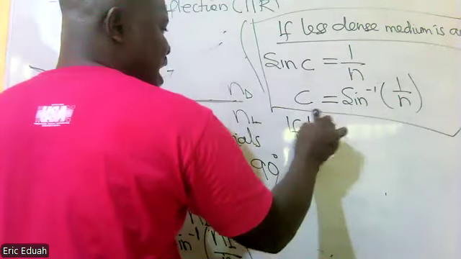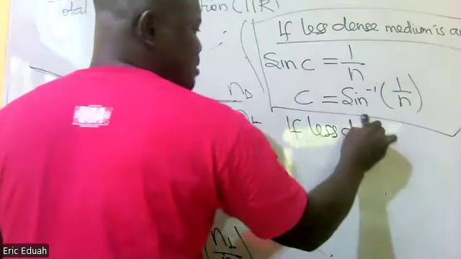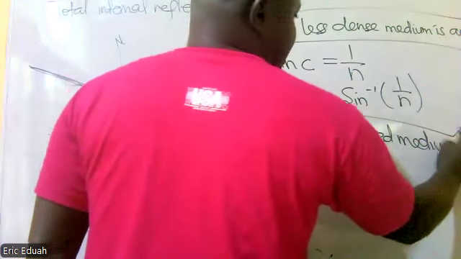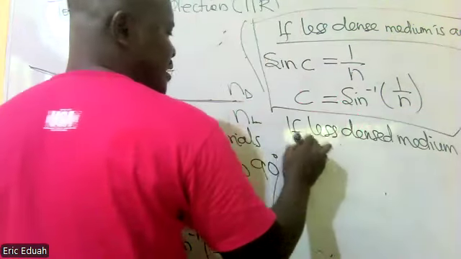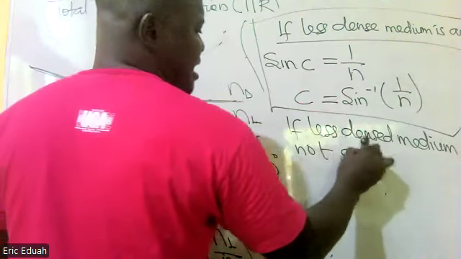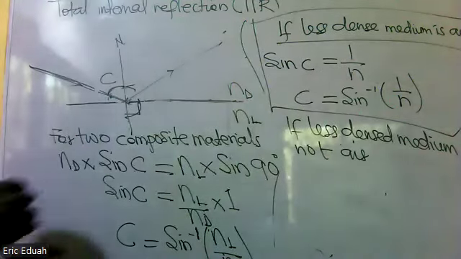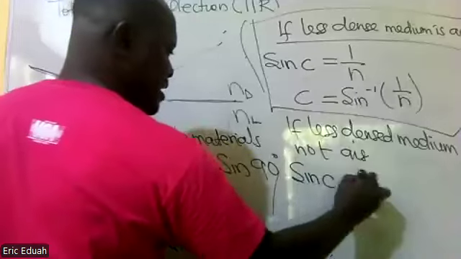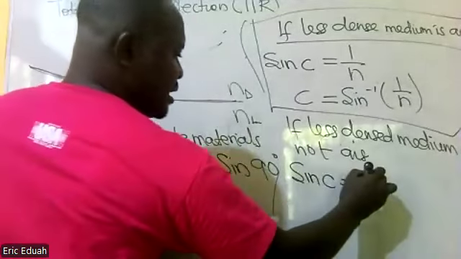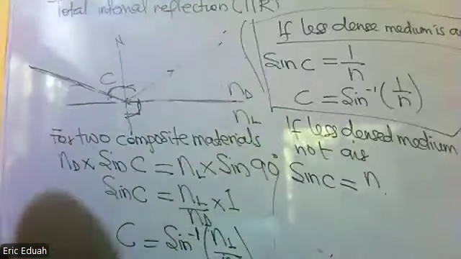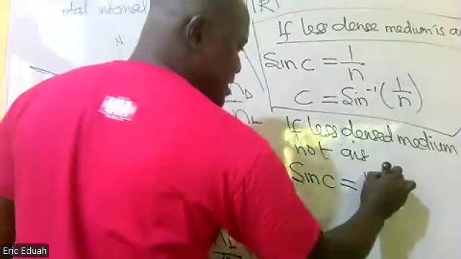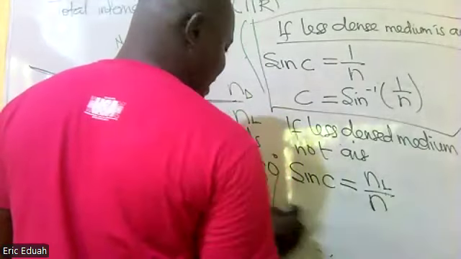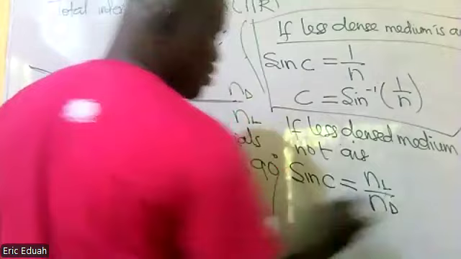If the less dense medium is not air, then sine C is equal to the absolute refractive index of the less dense medium divided by the absolute refractive index of the dense medium.